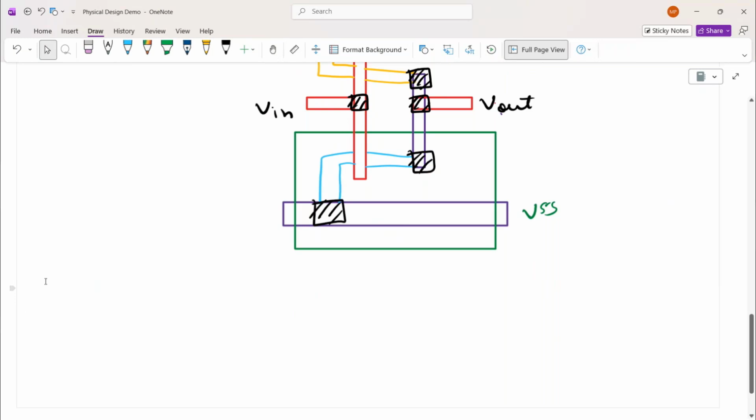Now this cell is connected to this cell using this track and all those things, right? So what is GDS2? GDS2 is called graphic data system. Sorry, graphic data system.